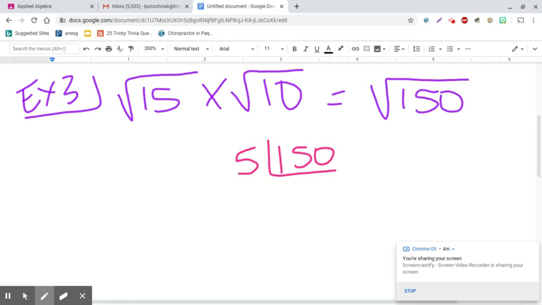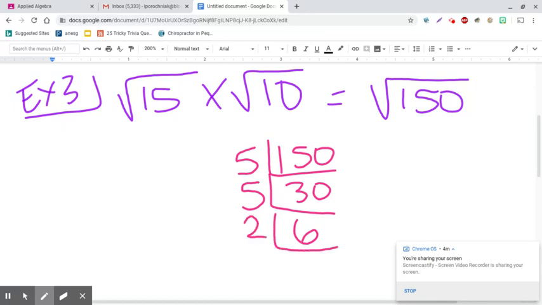So 150 divided by 5 gives us 30. Which we then can do again by another 5, which gives us 6. Even, so I'm going to go with 2, which gives us a 3. Only thing that goes into 3 is 3, which gives us a 1 in the bottom.